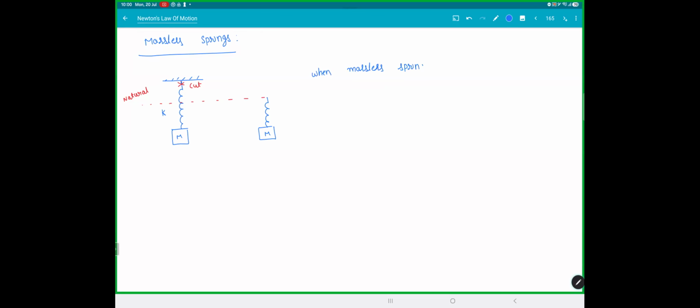So when a massless spring is cut, it immediately comes to natural length. There is no time delay. So the moment you come to the natural length, that means your tension has become zero.